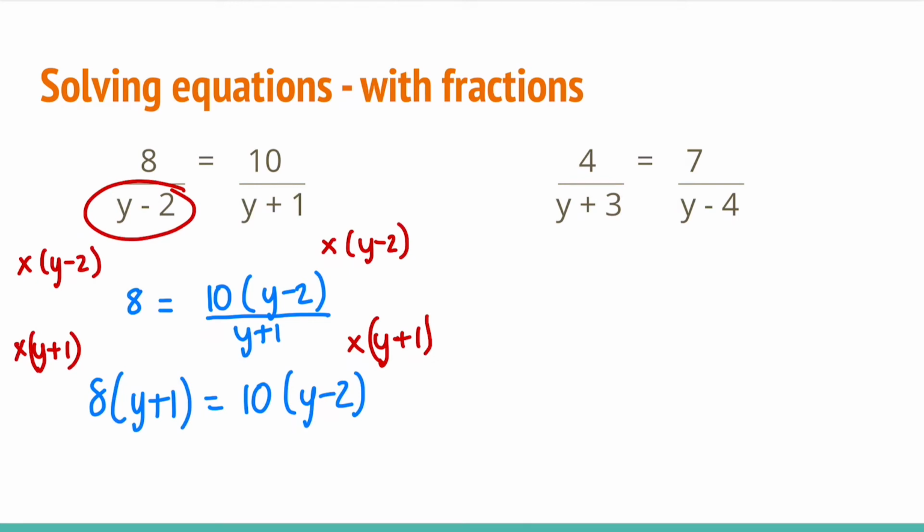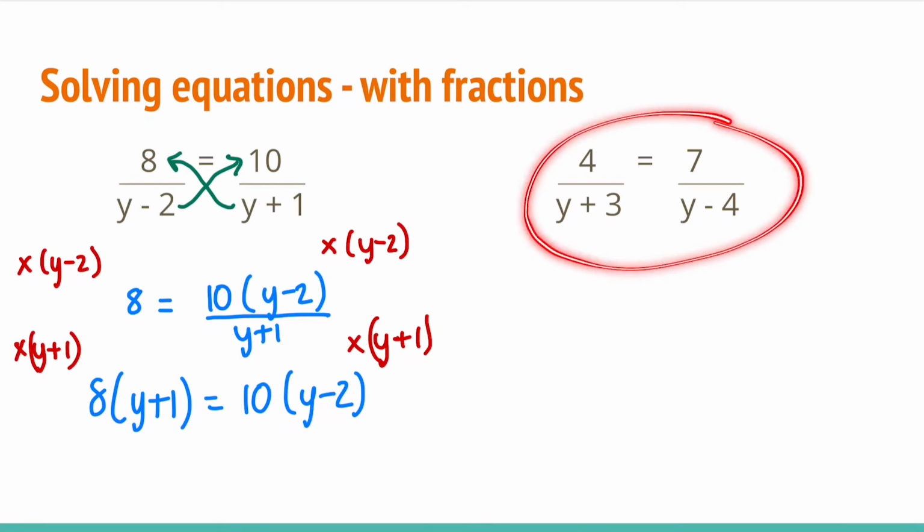Another way to think about this is that you're cross multiplying. So this part is coming up to this side, and this part is coming up to this side. But that only works when you have one fraction is equal to another fraction. If you have anything else, it won't work.